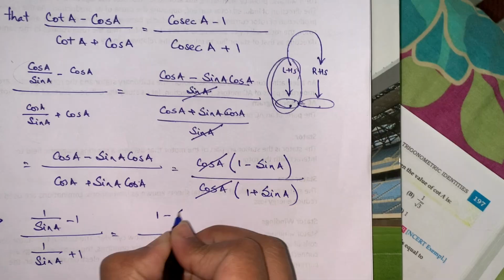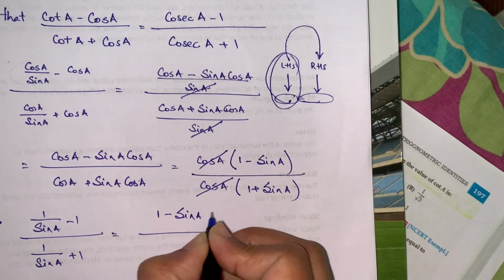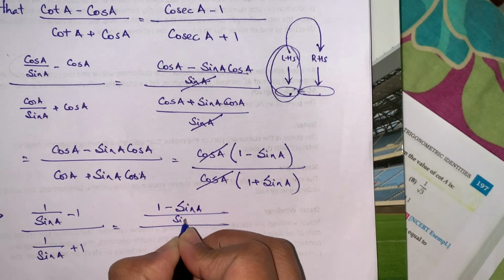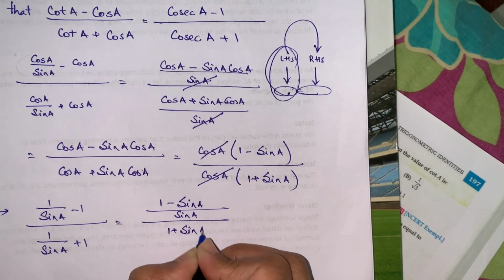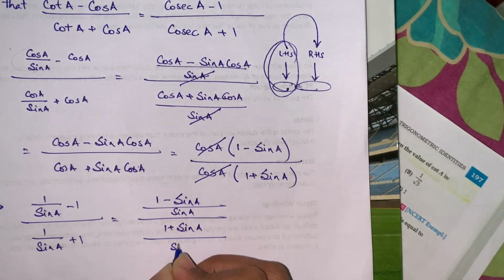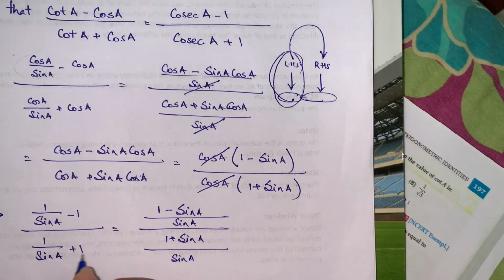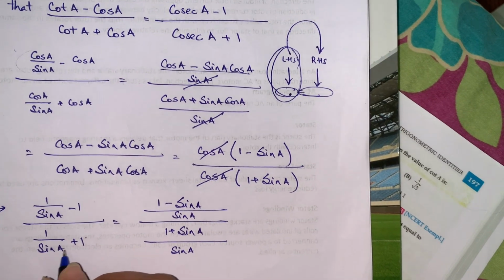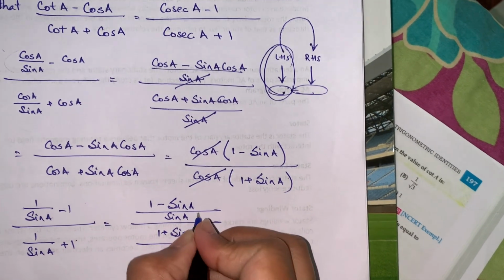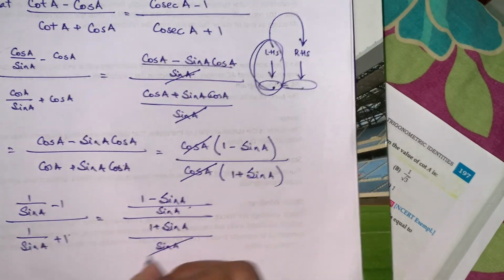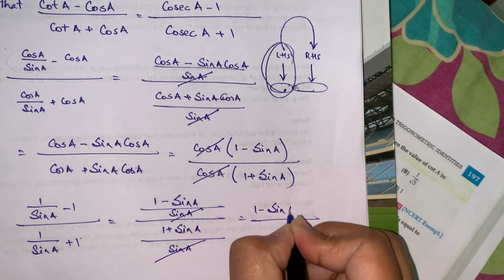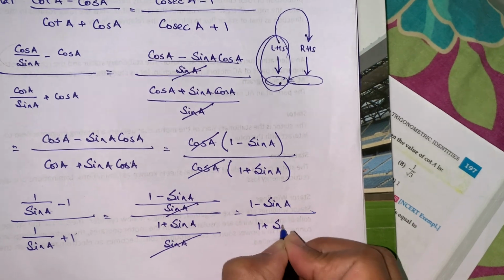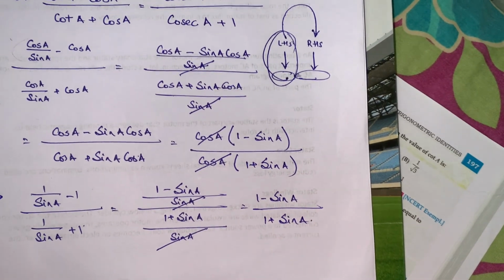It becomes 1 minus sin A whole divided by sin A, and then 1 plus sin A whole divided by sin A. Because there was no denominator, I have to multiply this complete thing with sin A. Then I get 1 plus sin A. This sin A gets cancelled. I'm left with 1 minus sin A by 1 plus sin A.